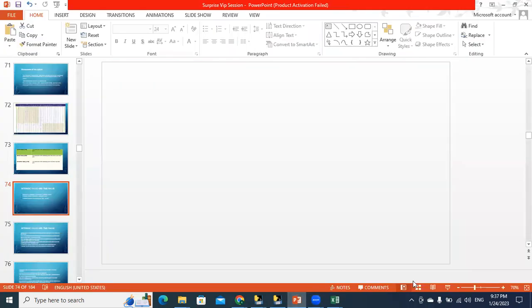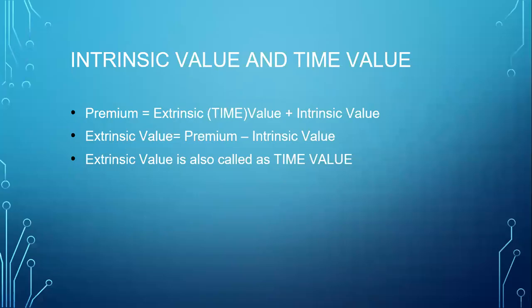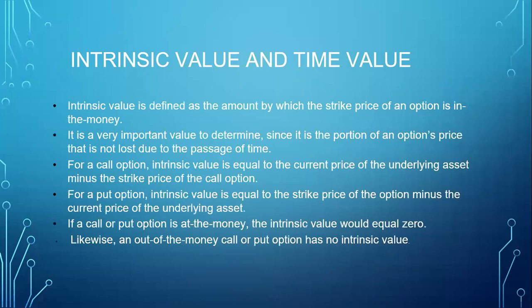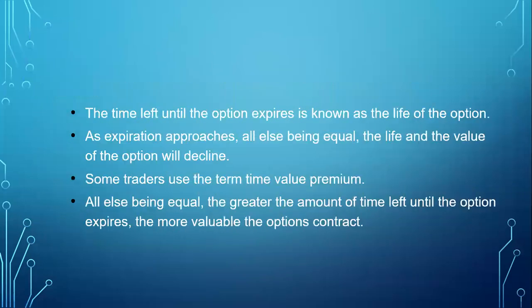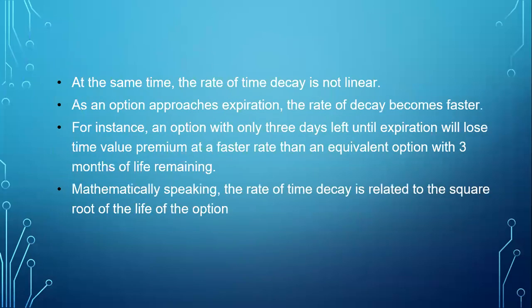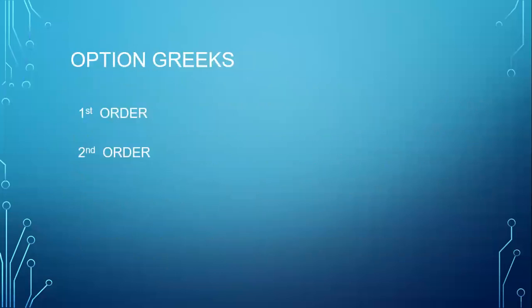Now we come to another concept. Now this is all what I have told you is same things which is there in the slides. First order Greeks, second order Greeks, and this is just an example to show you why I have taken so much time to emphasize on the roles of delta, theta, vega, gamma.